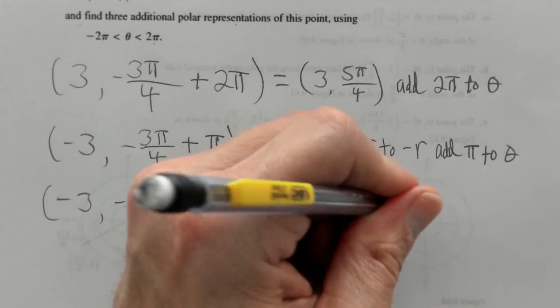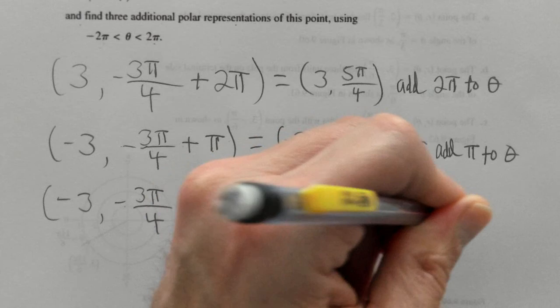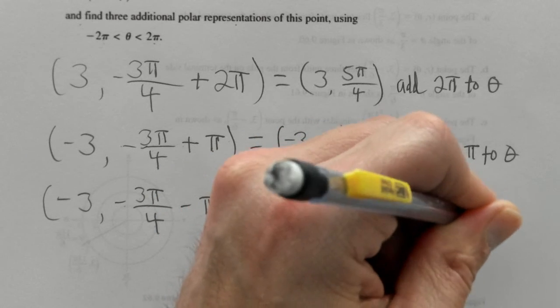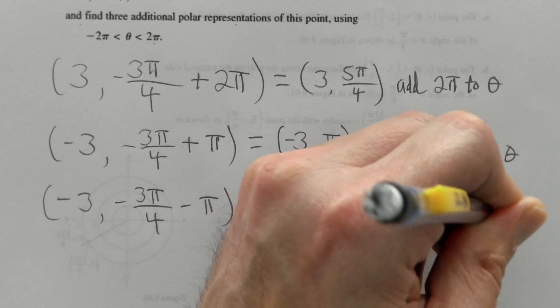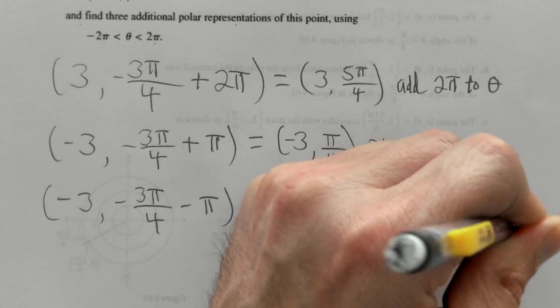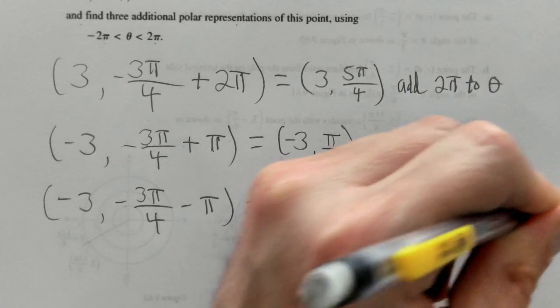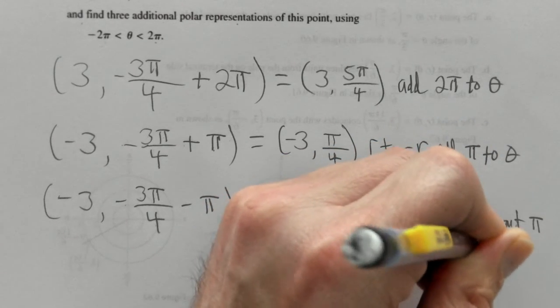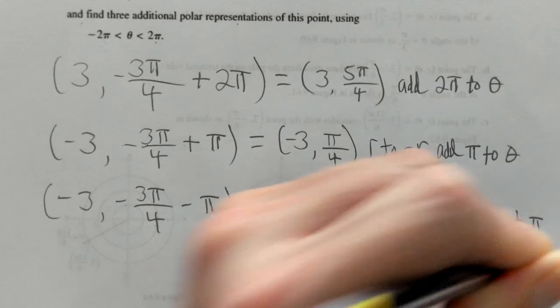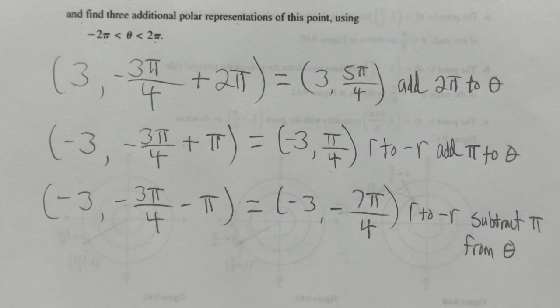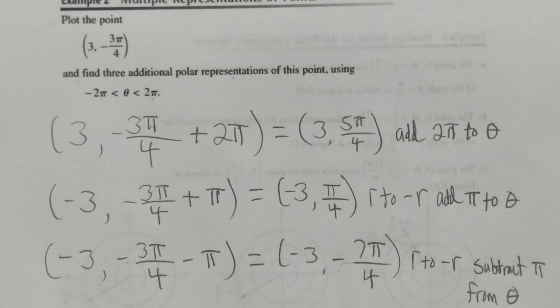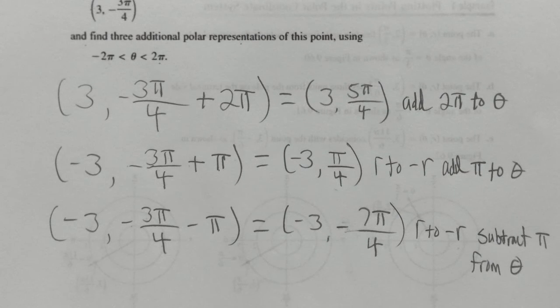And how did we get this? r changes to negative r and subtract pi from your angle. All right? So that's an example of how we can take a coordinate and find other coordinates that represent the exact same point in polar coordinates.